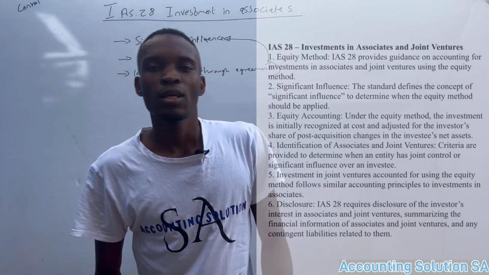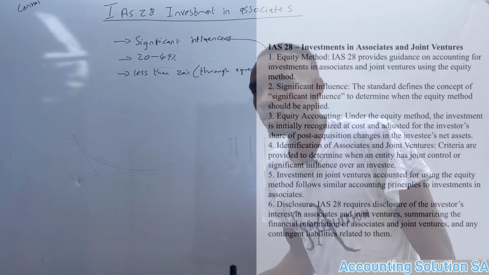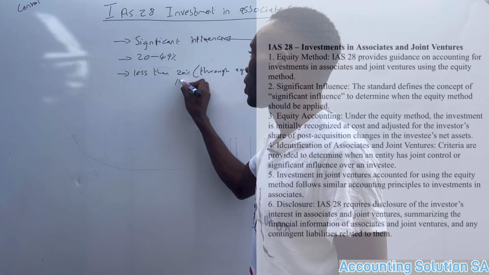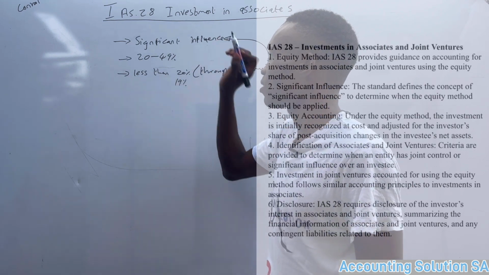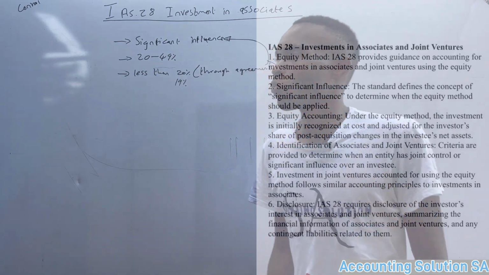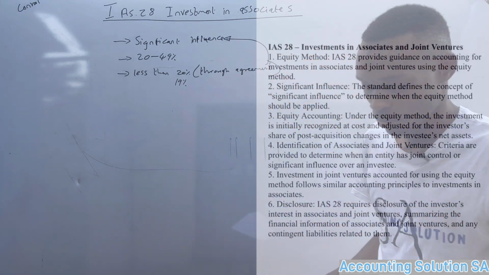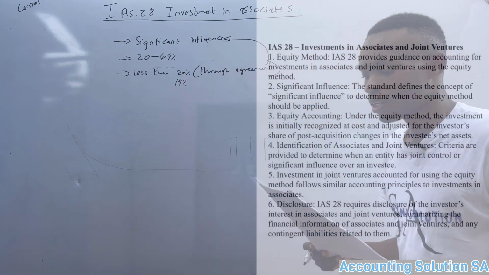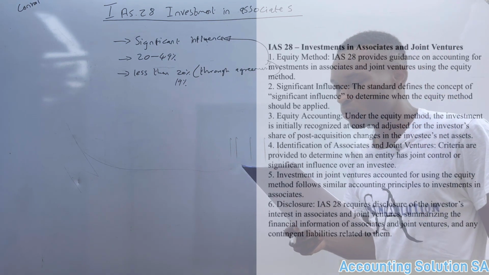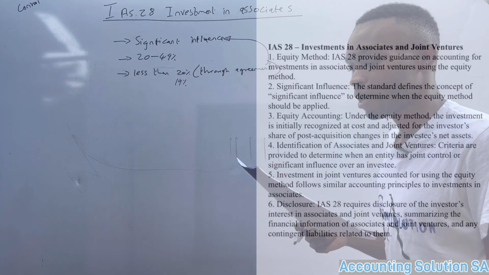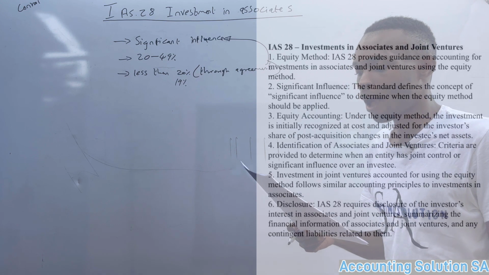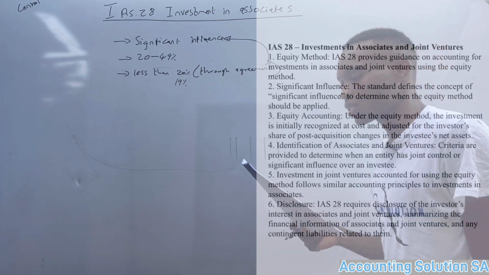You need to check, if they say that the company owns 19% but has significant influence, then we are going to apply the principle of IAS 28. Very simple. The standard defines the concept of significant influence to determine when the equity method should be applied, which supports what I was saying.